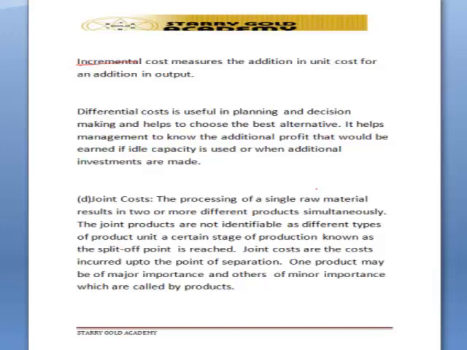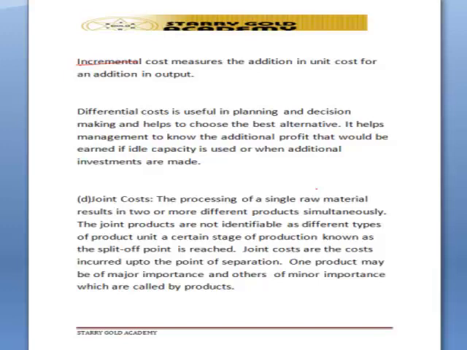This cost need not be the same at all levels of production. It is usually expressed as a cost per unit, whereas the differential cost is measured in total. So that is the little line of difference between incremental and differential cost.